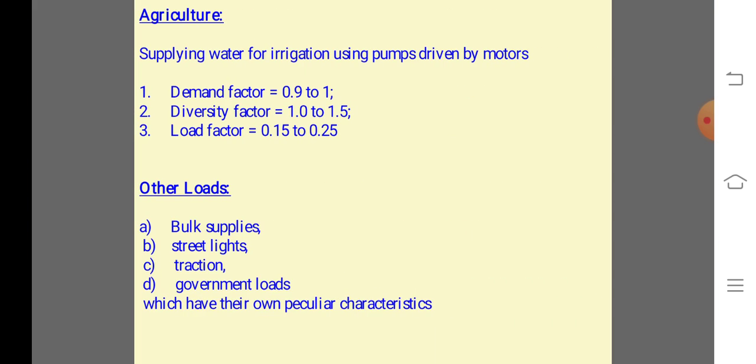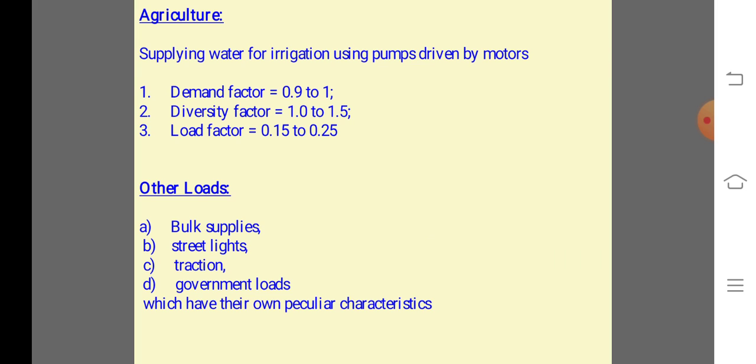Then agriculture, where the most preferable power demand is agricultural. Agricultural load supplies water for irrigation using pumps driven by motors. The demand factor is 0.9 to 1, diversity factor is 1 to 1.5, and load factor is 0.15 to 0.25.